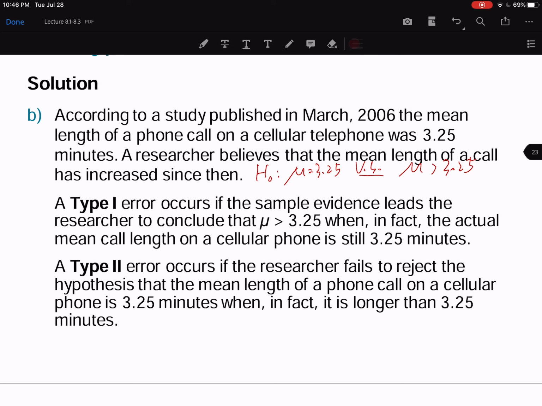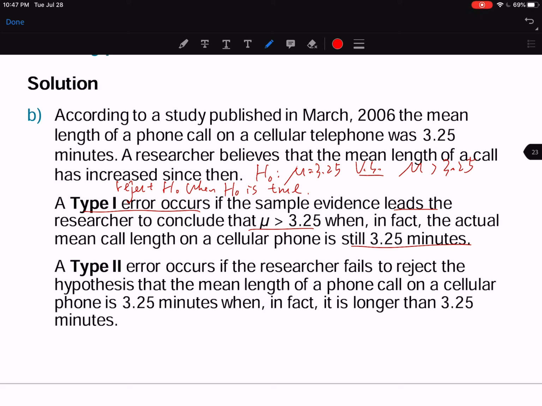Okay, and then let's take a look at what the type 1 error represents here. A type 1 error occurs if the sample evidence leads the researcher to conclude that mu is greater than 3.25 when in fact the actual mean call length on a cellular phone is still 3.25. So type 1 error is reject the null hypothesis when the null hypothesis is true, right?